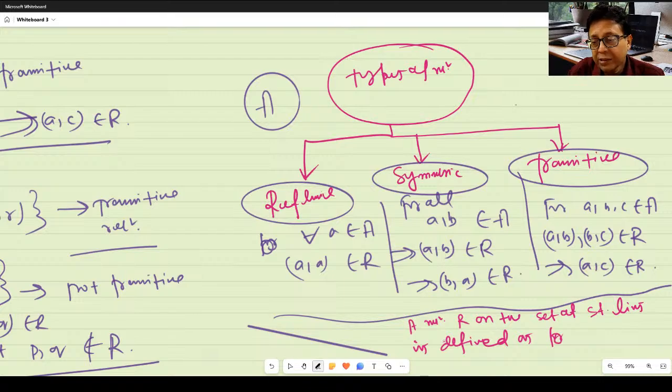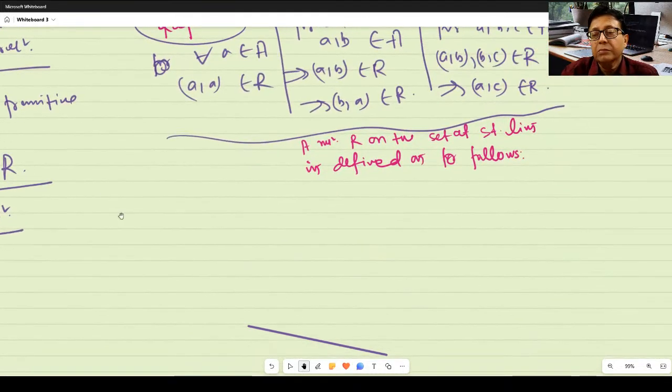How do you define it? Relation R on the set of straight lines is defined as follows.